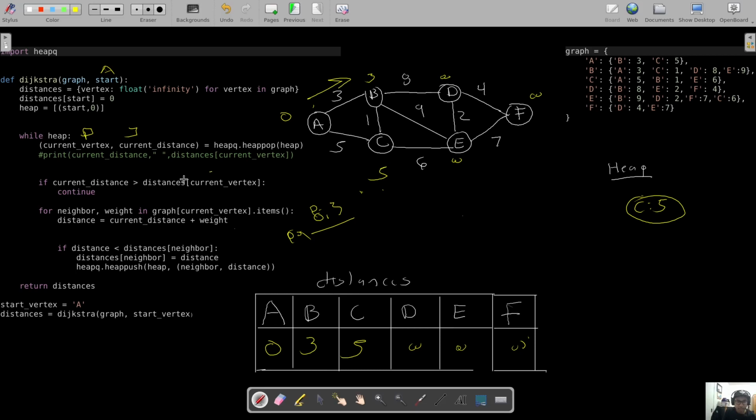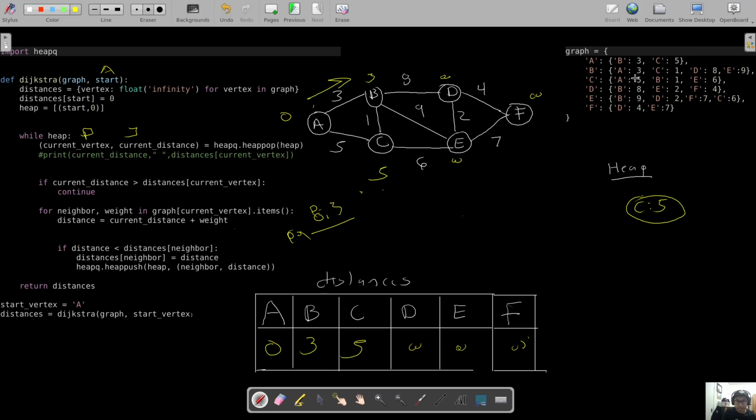Current. So we go B, and the current distance is 3. So 3, 3. So we do not reloop. All right. And now we get the current. Go through here.